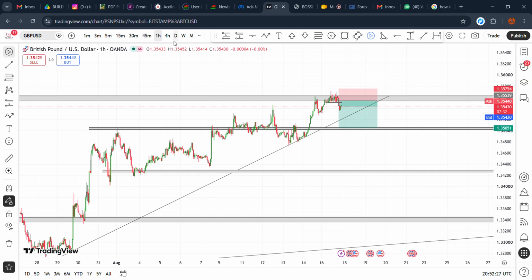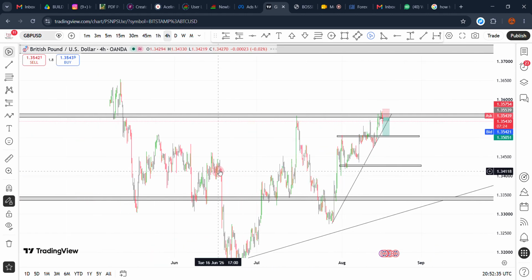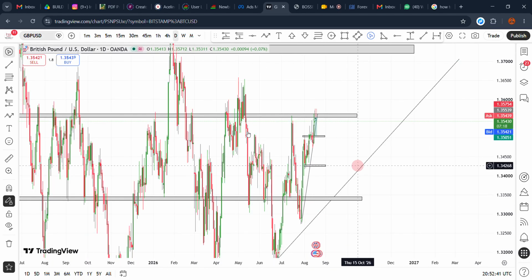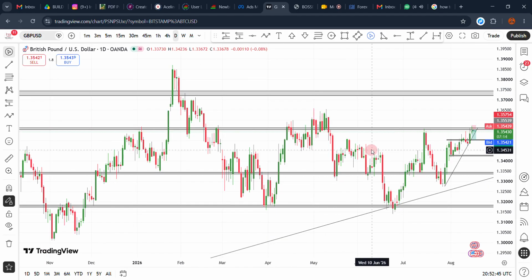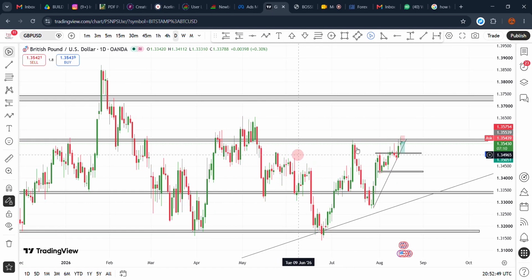Now, why am I doing that, or what are my reasons? Because when it comes to the higher time frame, you're going to see that price is currently ranging. Let's go to the daily time frame. On the daily time frame, you're going to see that this is a strong zone.